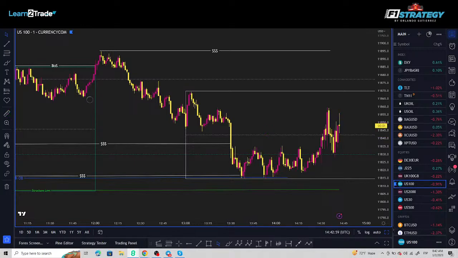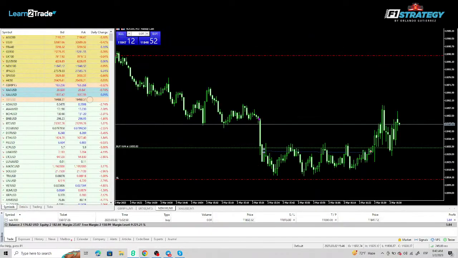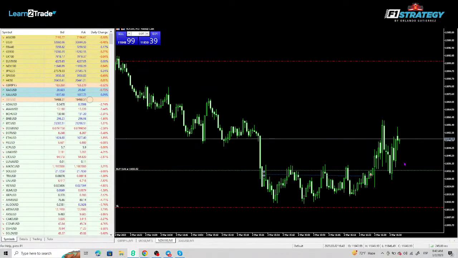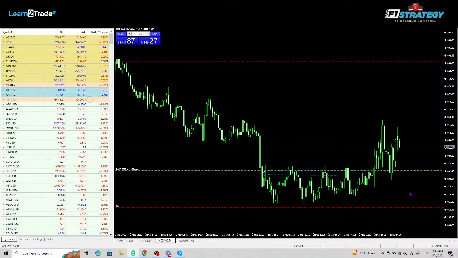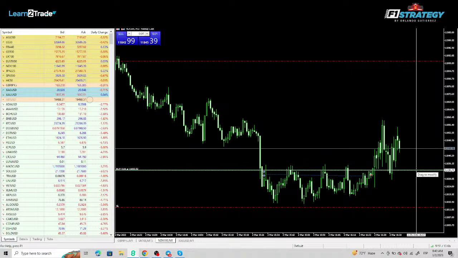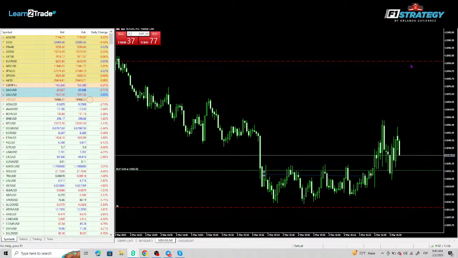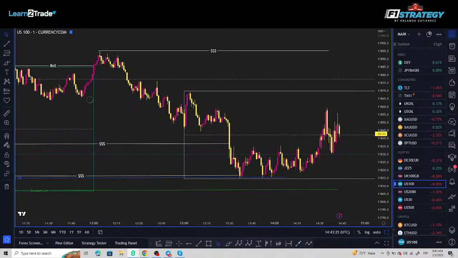Buyers have lost a ton of, not to break even, but what I'm going to do is this: I'm going to move my stop losses just below these lows. I don't know. I'm just going to let it ride, actually.